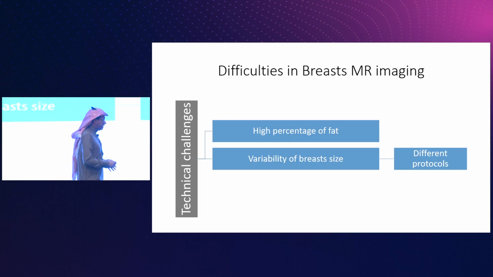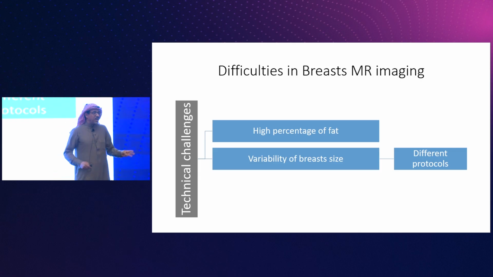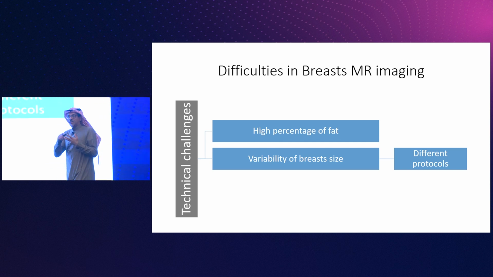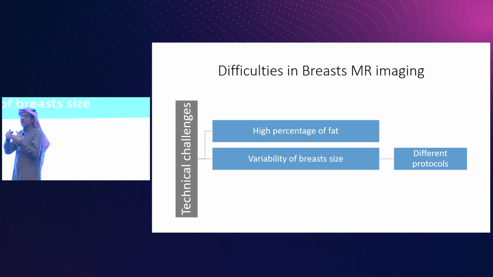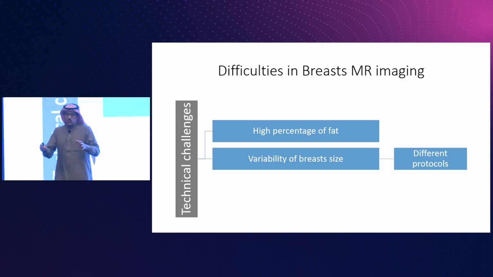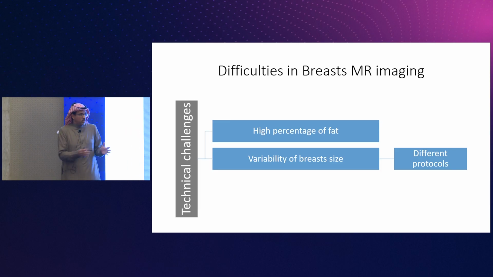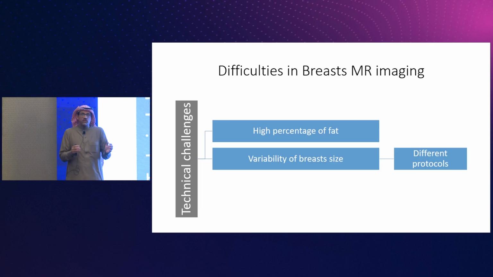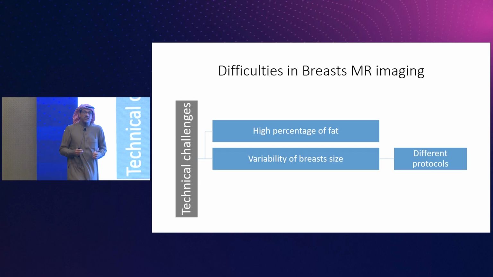Where I used to work, we had 3 protocols. We have a protocol for small breast, a protocol for normal breast, and a protocol for large breast. Why is that? The protocol is set because we don't want anyone to come and change from small, then increase the field of view, increase the matrix, adjust the slice thickness.